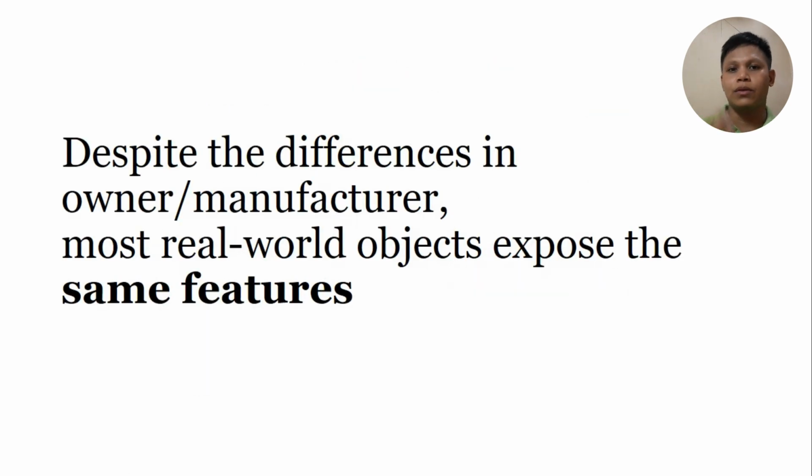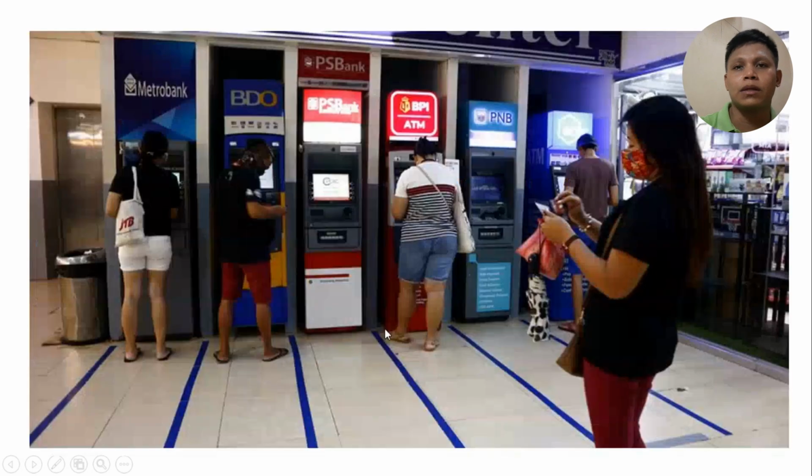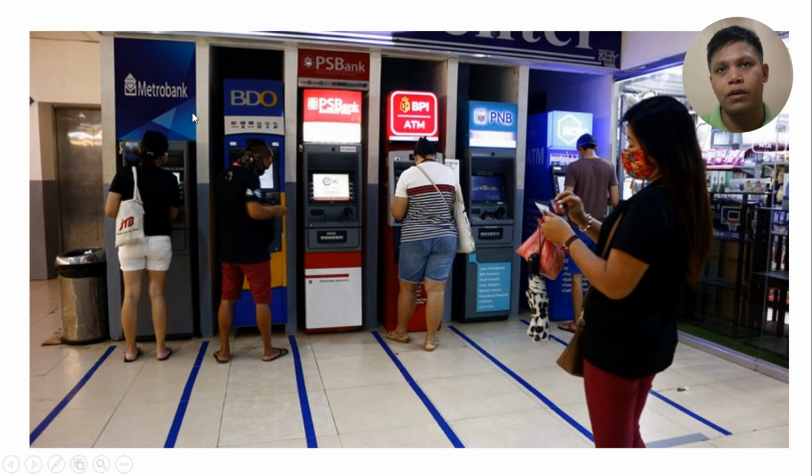And another thing that you need to take note of is, despite the differences in owner or manufacturer, most real-world objects expose the same features. An example of that is, let's say, an ATM machine. Now, obviously, these are different.